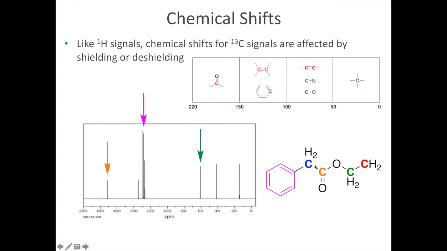Whereas this carbon here is quite close to this electron withdrawing carbonyl group, right? So that would be a good guess. The lowest chemical shift would be the red, and the blue is that last carbon there. Okay, so that's how you would analyze the data from this carbon NMR.